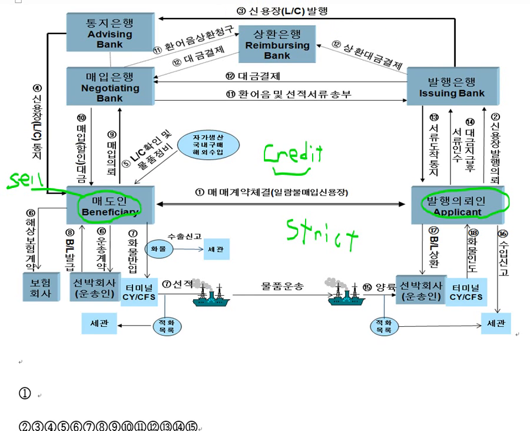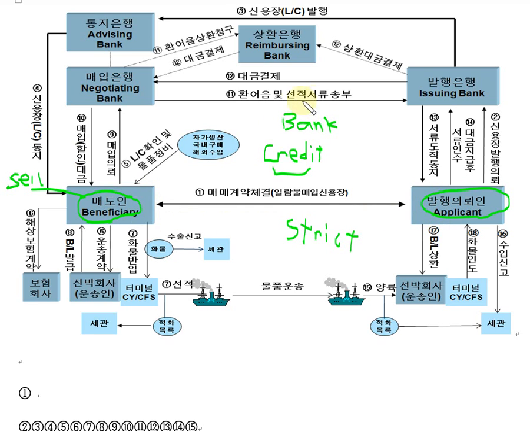But you should follow his request as punctually as possible, meaning to collect money from the bank, which is a liaison between buyer and seller.